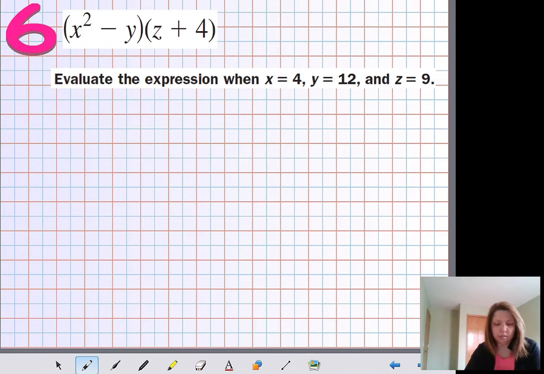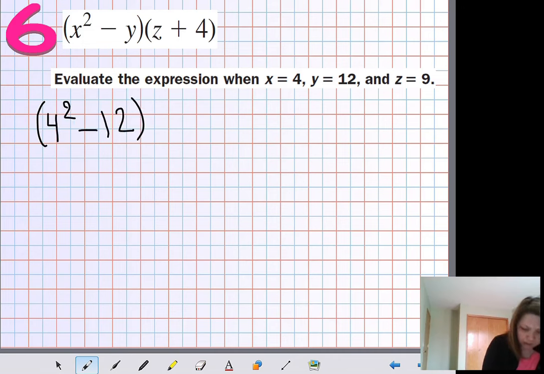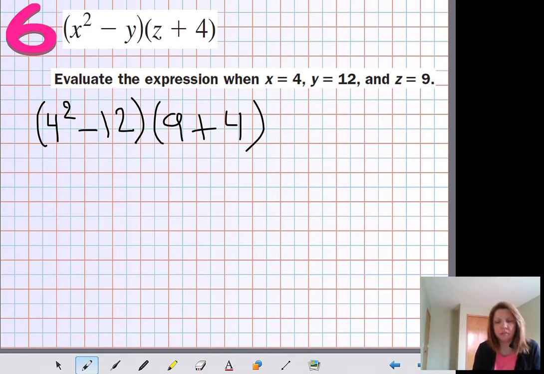Step 1, you have to substitute the value of the variables inside the parentheses of the expression. So x is 4, so 4 to the second power minus y is 12 times z is 9 plus 4. Alright, so once you substitute, then you apply the PEMDAS rule.